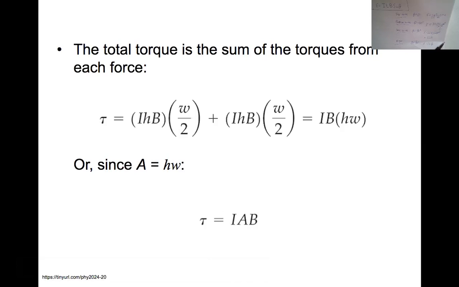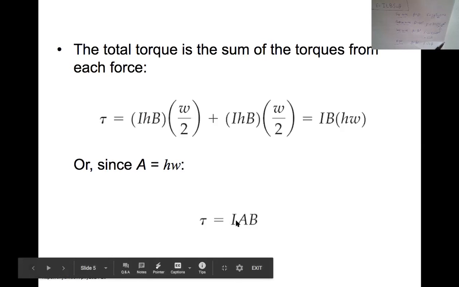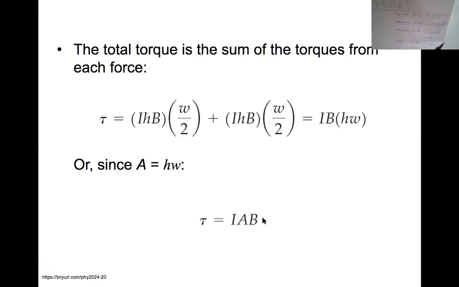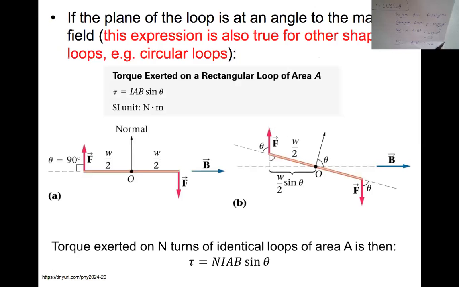Or you can even have, say, an oval kind of shape or whatever kind of irregular shape. It's going to be I times A times B, okay? So take a note, this torque equals I times A times B applies also to other different shapes, okay? All right.